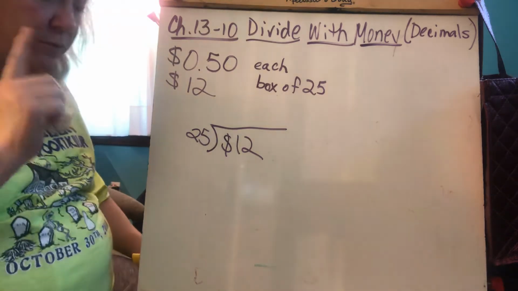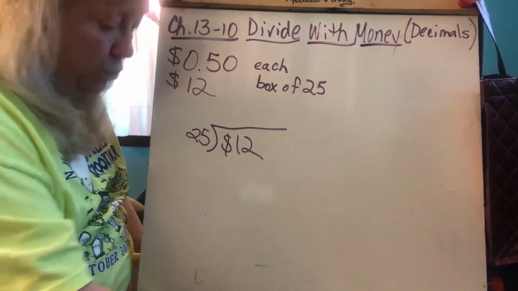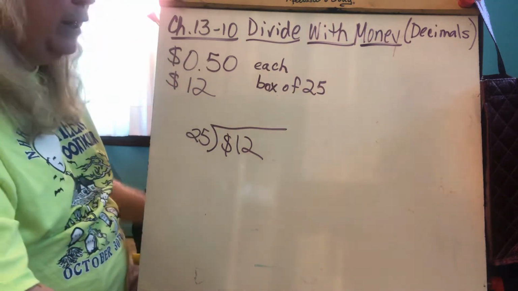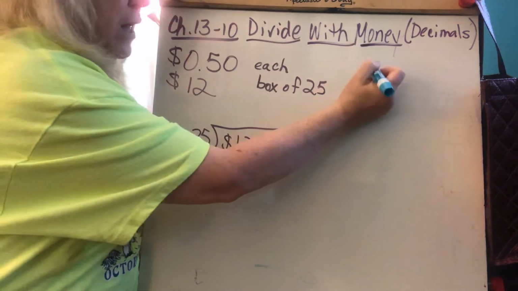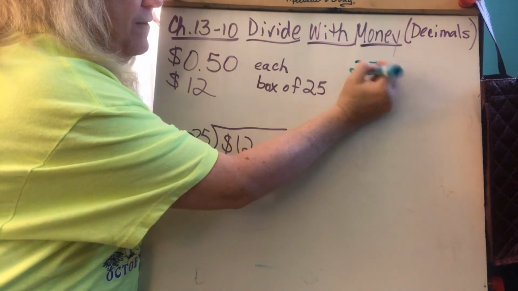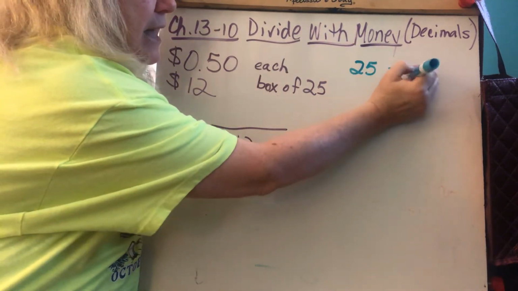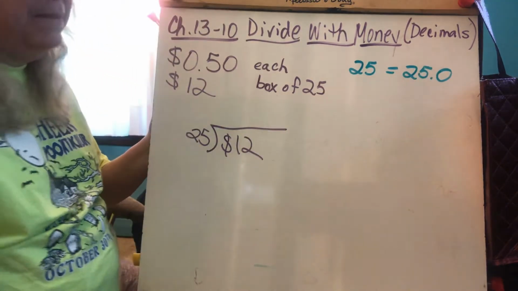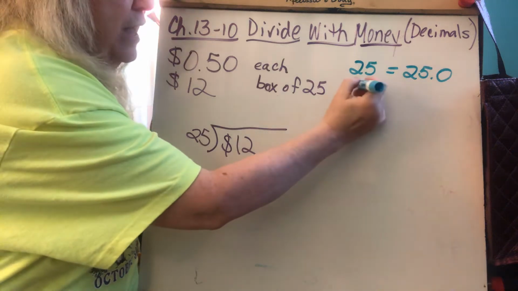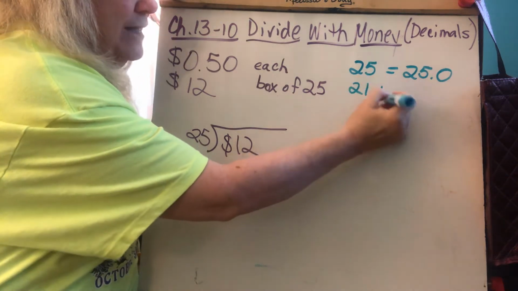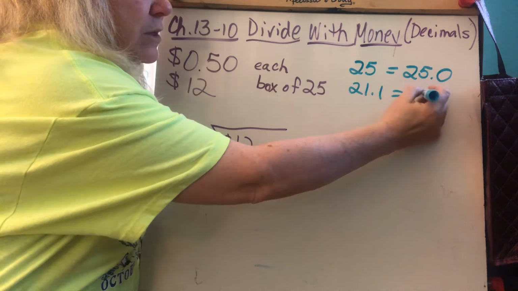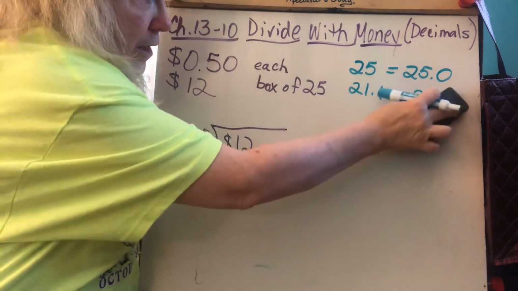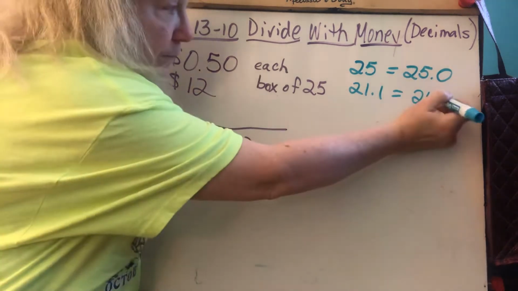Okay, now you have to remember that when we were studying earlier in this lesson, we already learned that when we saw 25, it was the same thing as 25.0, that they were the same amount. Or if we had 21 and 1/10, that was the same amount as 21 and 10 hundredths.